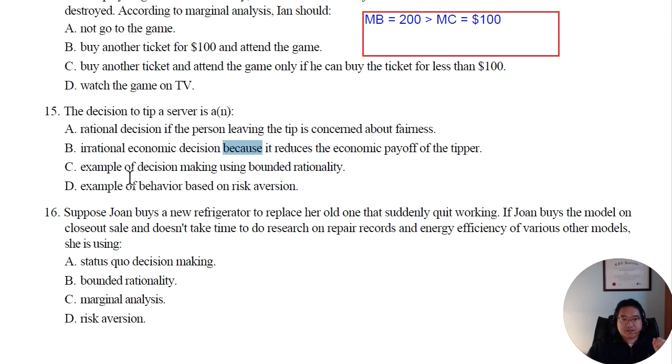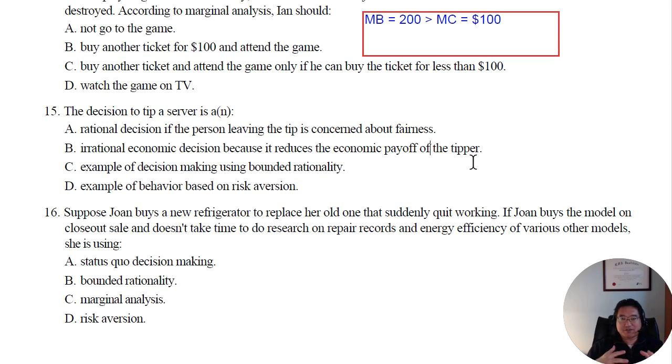B is saying irrational decision, economic decision, because it reduces the economic payoff of the tipper. Not necessarily really reduce the economic payoff. What if the tipper forgot to pay?